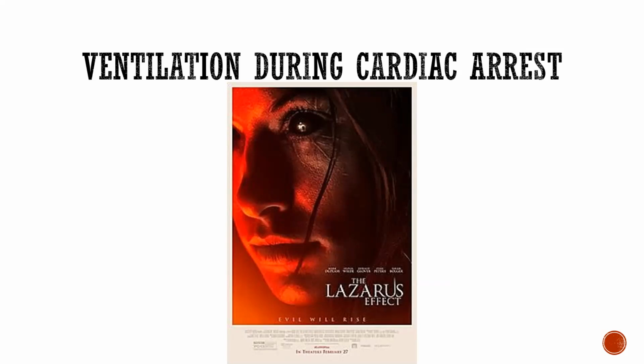So you can picture a scenario where you're working a cardiac arrest, the patient's being ventilated too aggressively, there's no return of spontaneous circulation, and you end up calling the code. Well, what happens when you call the code and pronounce the person? You stop doing chest compressions and you stop ventilating the patient, and their intrathoracic pressure will gradually decrease.